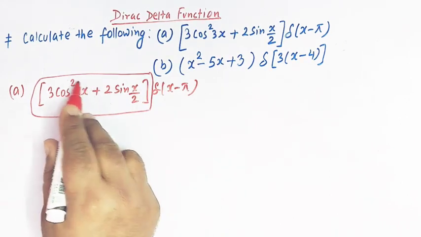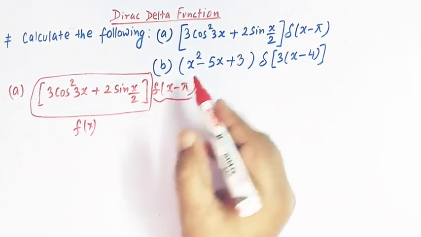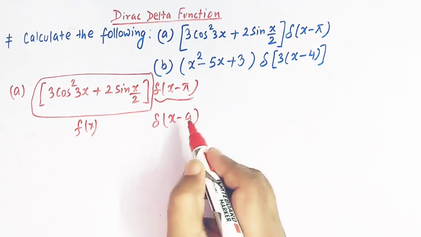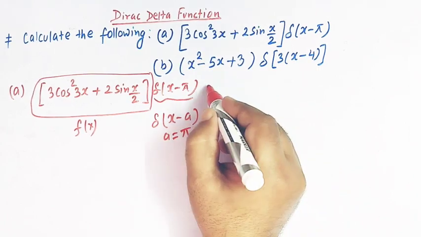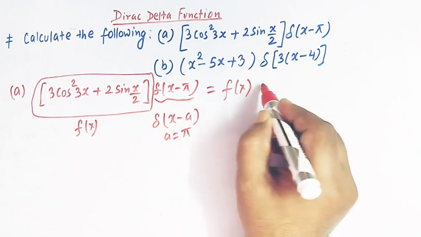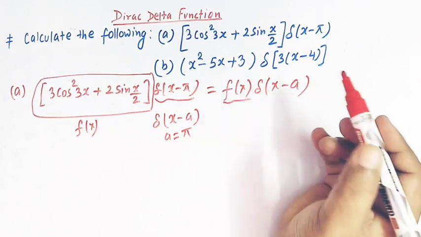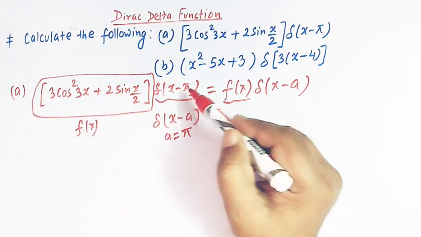If we take this Dirac delta function as delta of x minus a, where a is pi, then this expression takes the form f of x delta of x minus a, where f of x is this expression and a is pi.